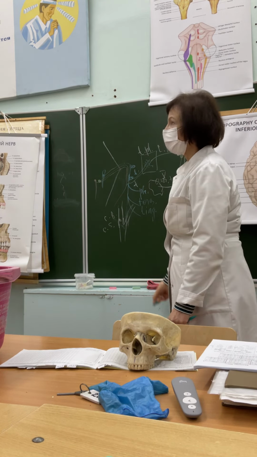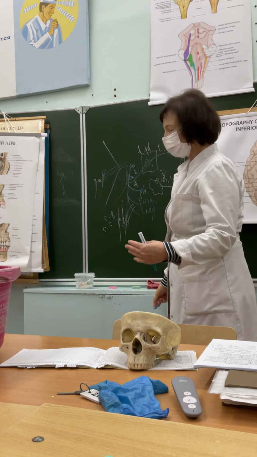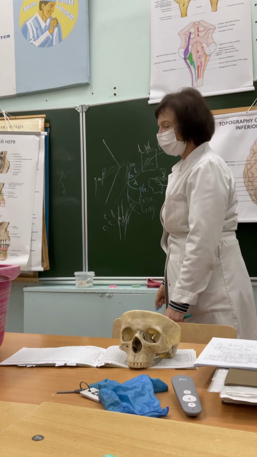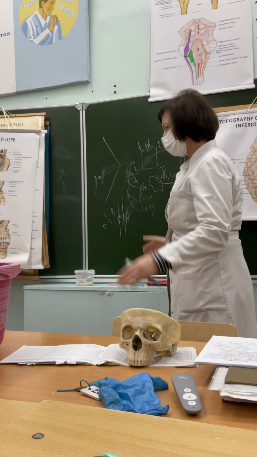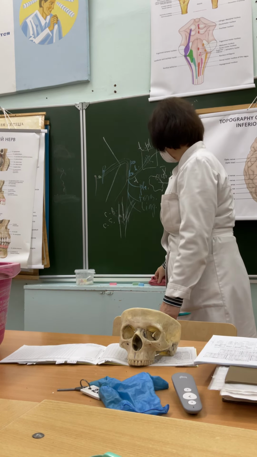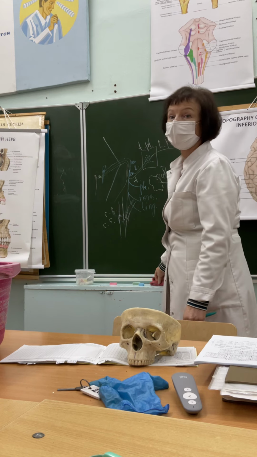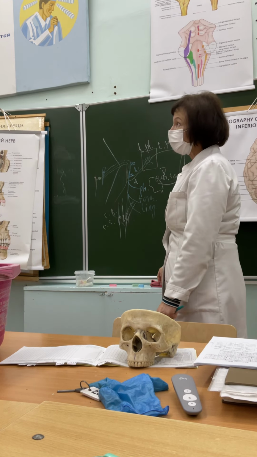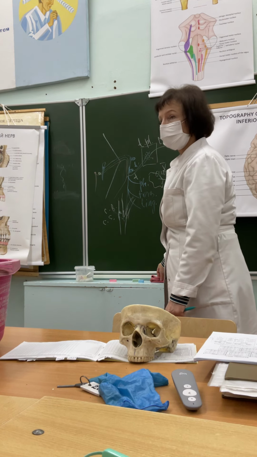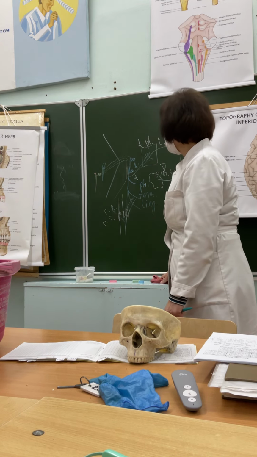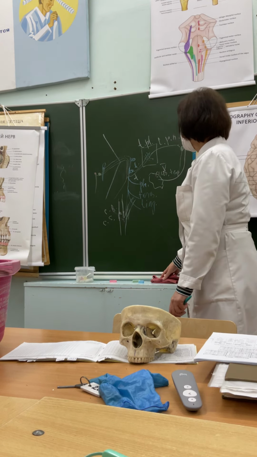So pharyngeal gives sensory innervation for the pharynx, tonsillar for palatine arch and this palatine tonsil, lingual posterior 1/3 with the general sensation and taste sensation both. Okay, so this is glossopharyngeal nerve.